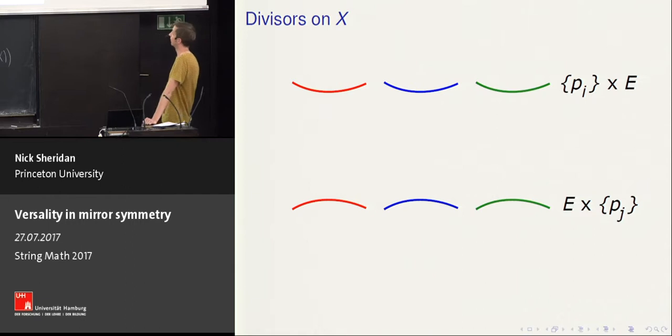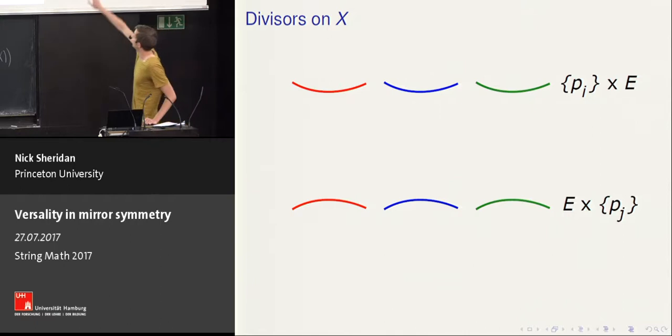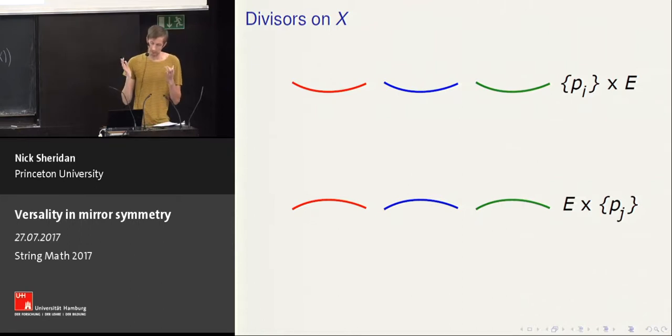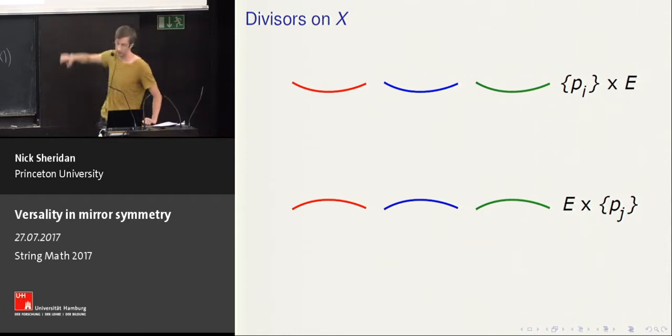So you can draw a bunch of divisors on X. Firstly, you have the image of Pi times elliptic curve E. Secondly, you have E times the image of the fixed point Pj. Before we resolved these A2 singularities, each of the divisors on the top would have intersected the one on the bottom in one point, and those would have been the singular points.